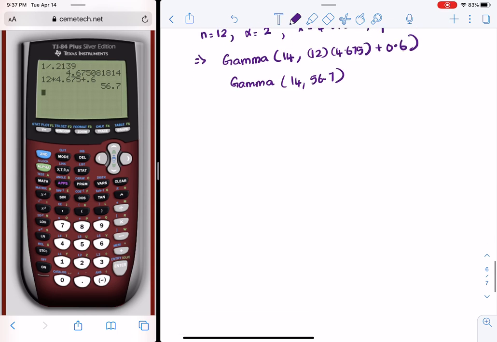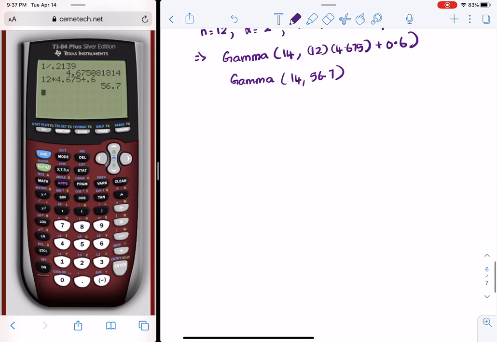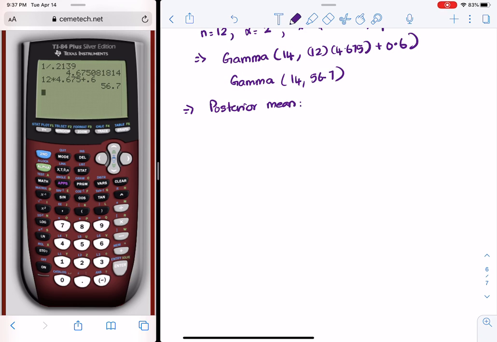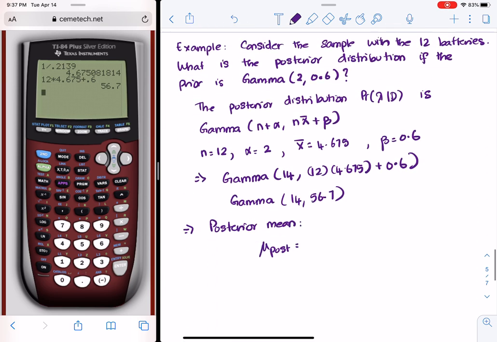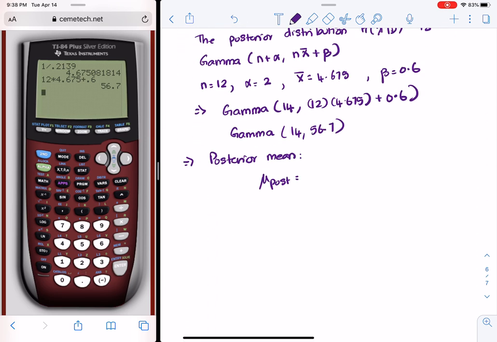So how do we find the mu post, the posterior mean? Which is simply n plus alpha over n times x bar plus beta, so it's 14 over 56.7.